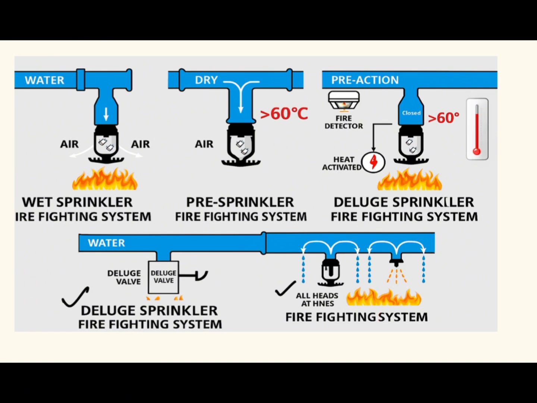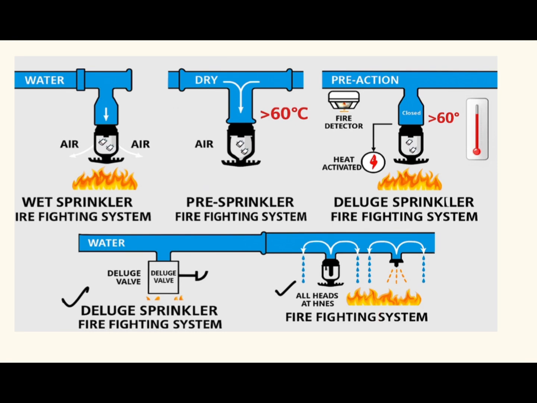So all sprinkler heads are not open at once, right? But here, a fire detection system is in place. For example, a smoke detector or flame detector triggers a deluge valve.